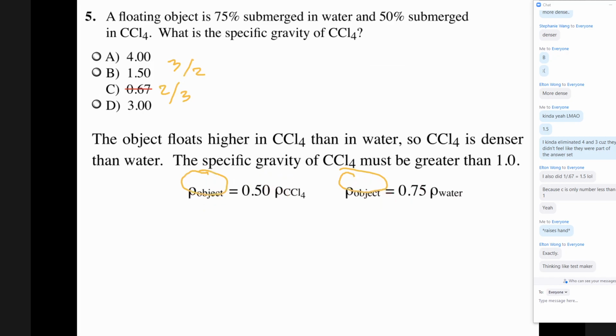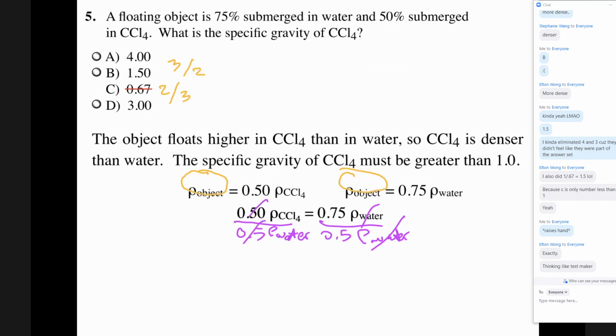And then setting those two equal to one another. And then the step that I was kind of lazy about, I divided both sides by density of water and both sides by 0.5. I see. So with that over that, which is what happens in the next step. Okay, I see. Thank you. You're welcome.